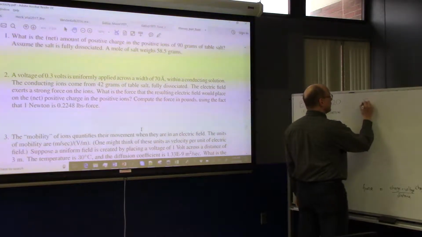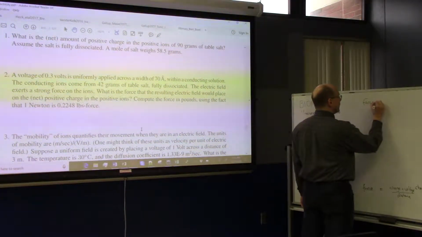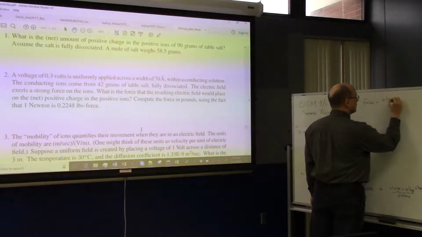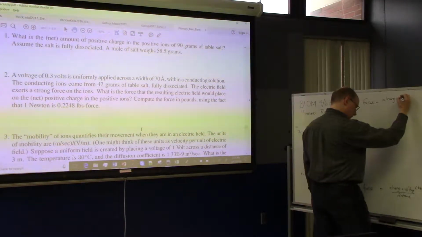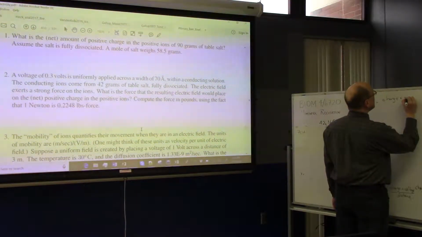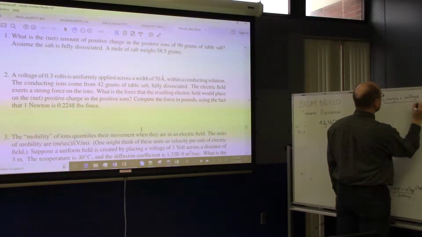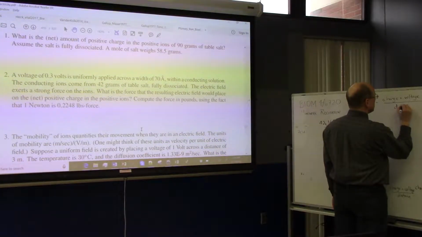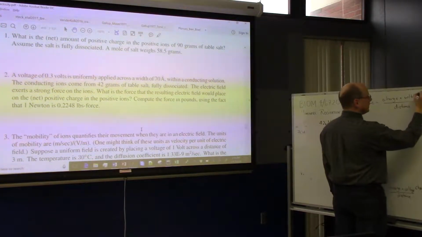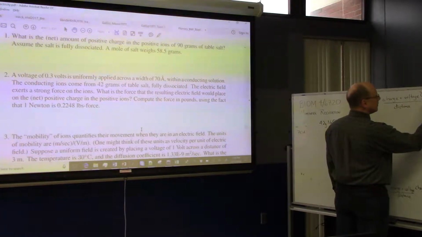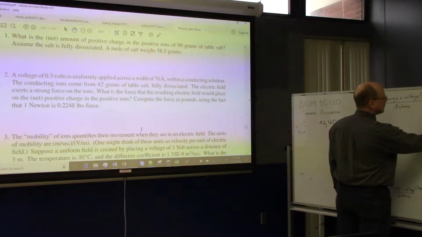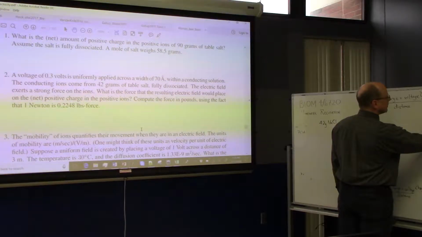Force. Charge times voltage over distance. So that's energy, work, joules, meters.